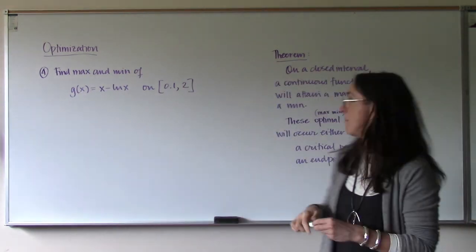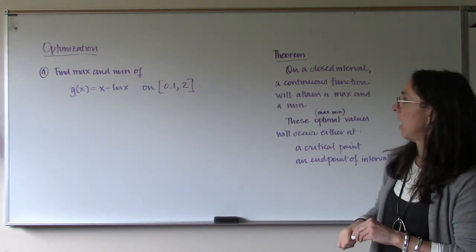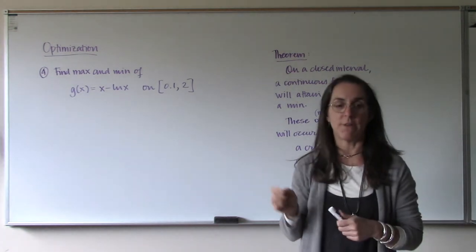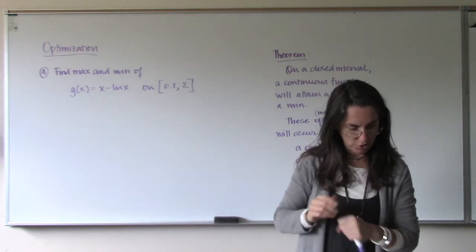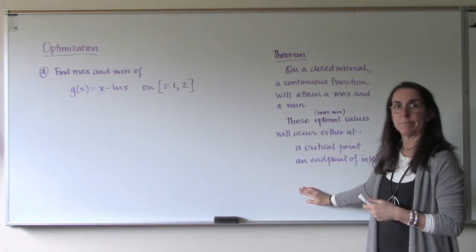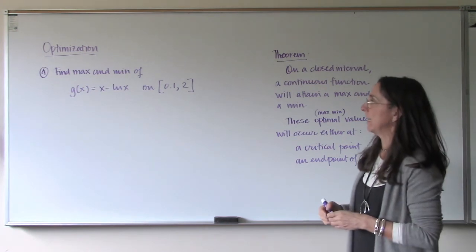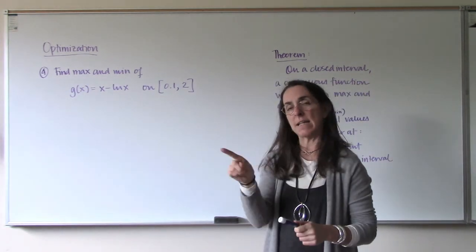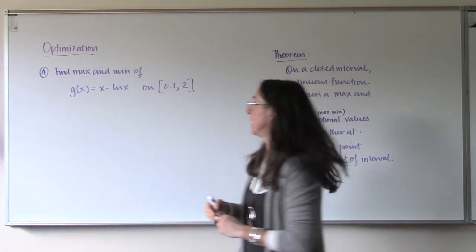So we want to find out the max and the min. G of x is x minus the log of x on the interval from 0.1 to 2. And we're going to use this theorem to do it. And so this is what it looks like. First, find the derivative and set it equal to 0 to get the critical points.